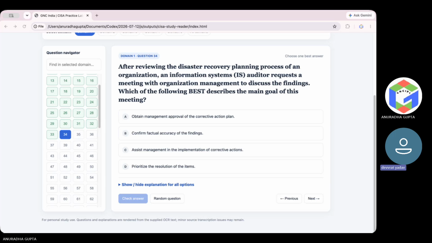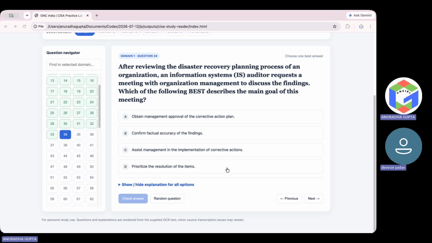After reviewing the disaster recovery planning process of an organization, an IS auditor requests a meeting with the organization management to discuss the findings.